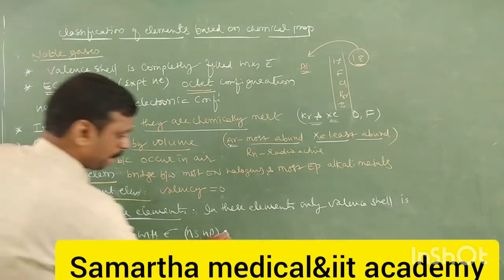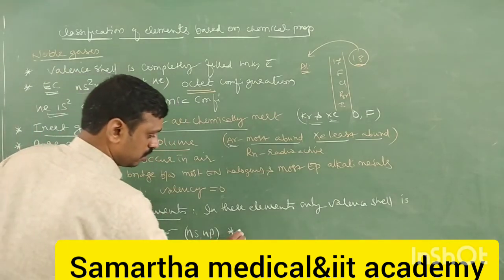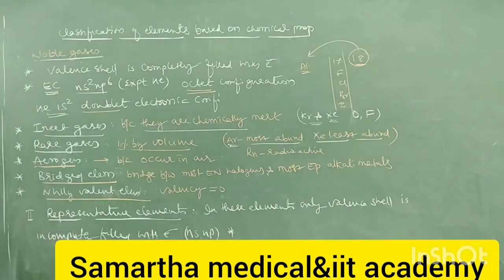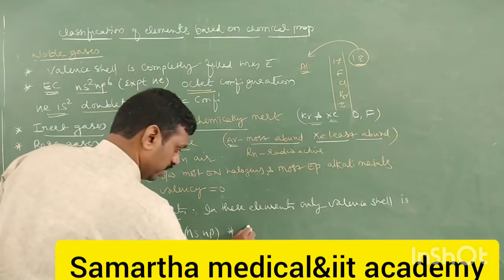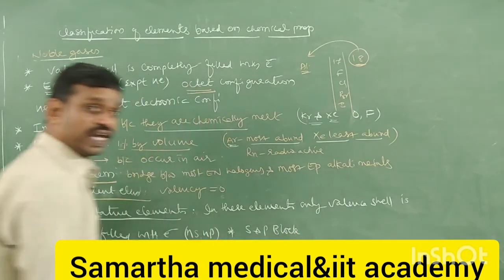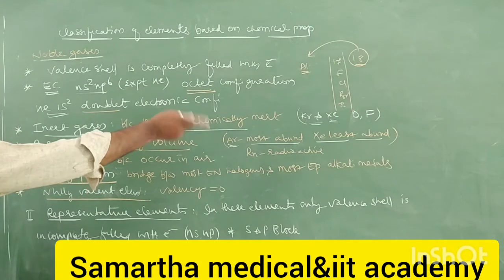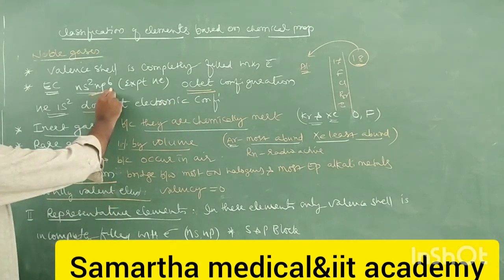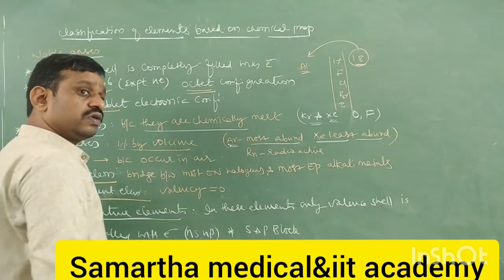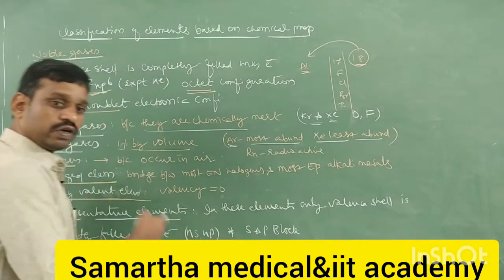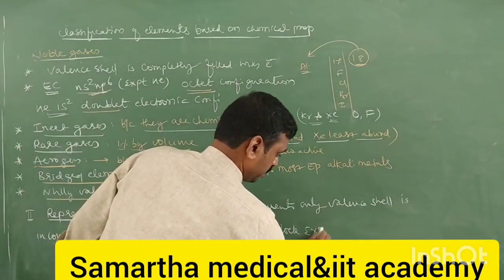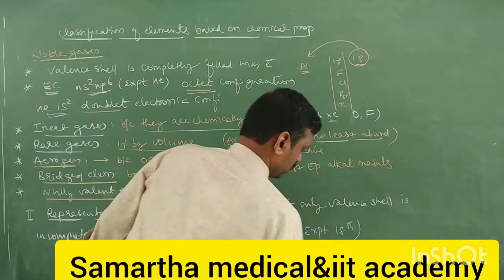So what is the general configuration? Now tell me, which group elements come under this? S and P block except noble gases. Noble gases have completely filled shells, no? So S and P block elements except noble gases are representative elements. That is, except the 18th group.